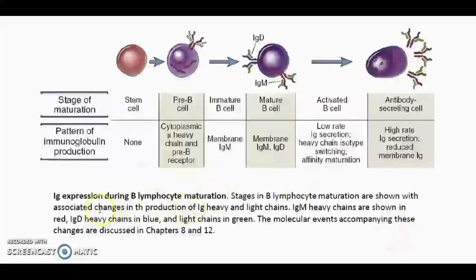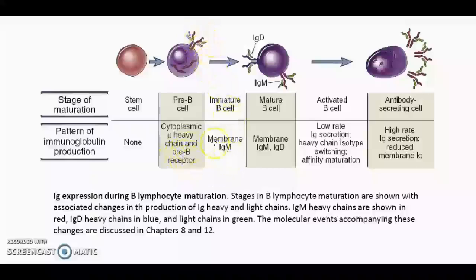Here is the immunoglobulin expression during B lymphocyte maturation. The stem cell, none of the immunoglobulin has been expressed. Then pre-B cell, the pattern of immunoglobulin is cytoplasmic mu heavy chain and pre-B cell receptor here.